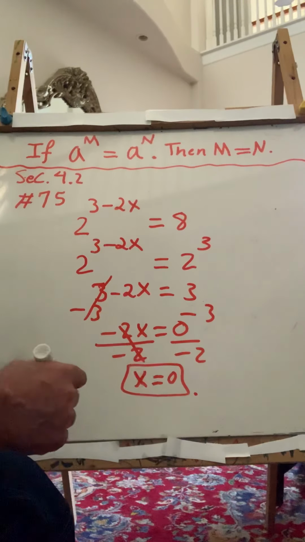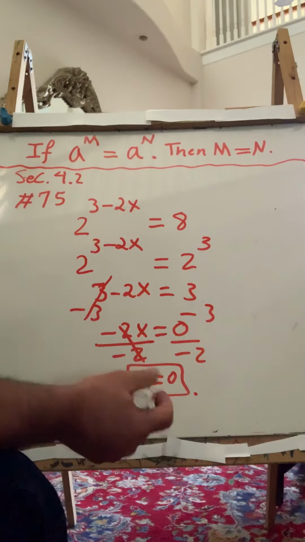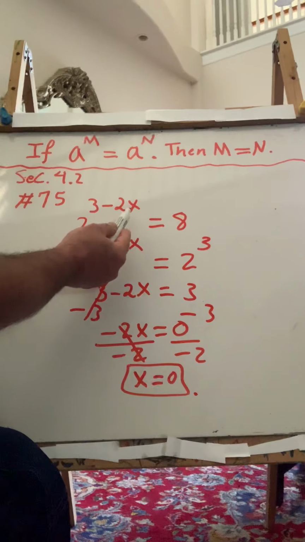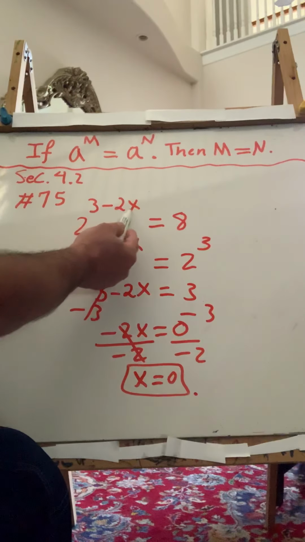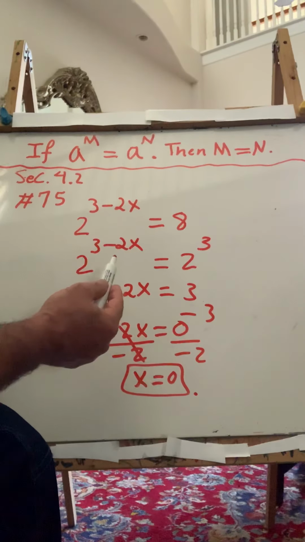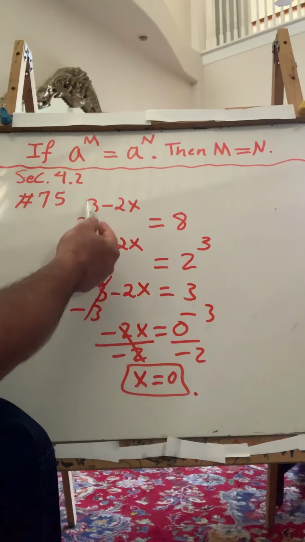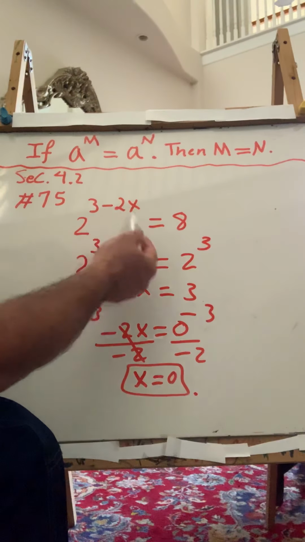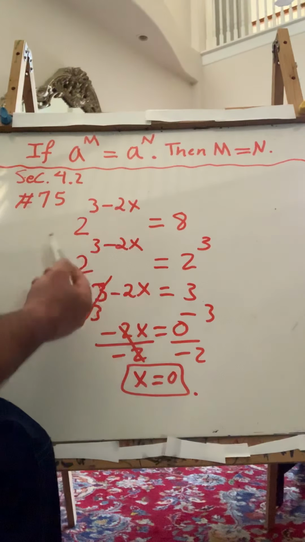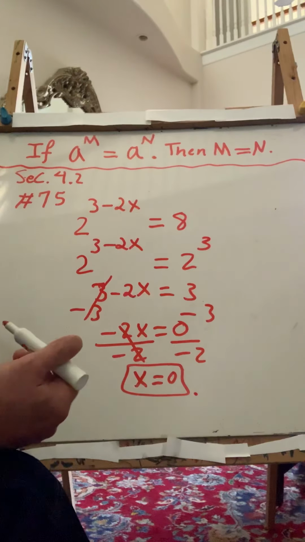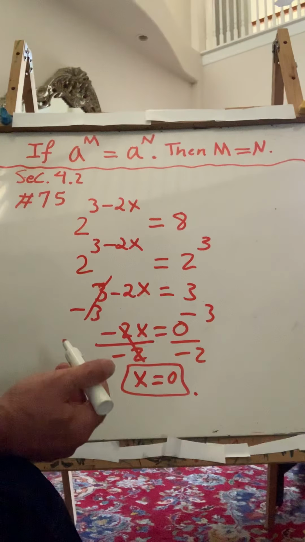But in this case, it's pretty obvious that this solution makes sense, because if x is 0 and you go to the original equation and replace x with 0, then 2 times 0 becomes simply 0. The negative of 0 is still 0. And so all you're going to have is 2 raised to the 3rd power minus 0, which is the same thing as 2 to the 3rd power, which must be 8. That is correct, because 2 to the 3rd power is 2 times 2 times 2, which happens to be 8. So you can see that the solution does definitely work in the original equation.